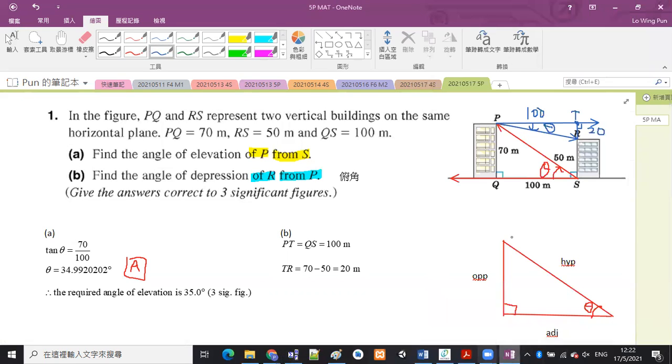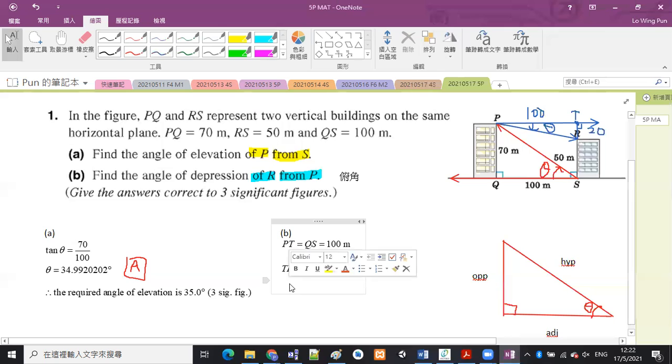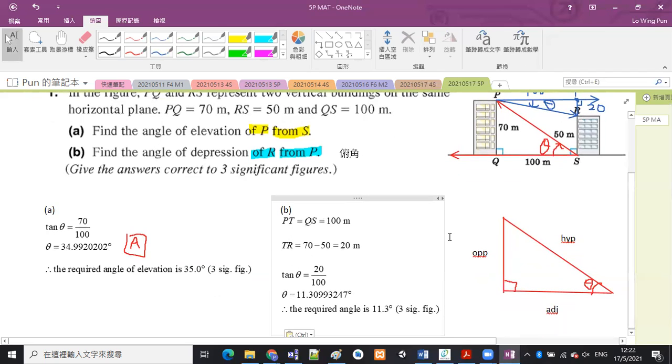So that is the answer of part B. Can you get this? Okay, can you get the idea of angle of elevation? How to find the required angle of elevation and the angle of depression?